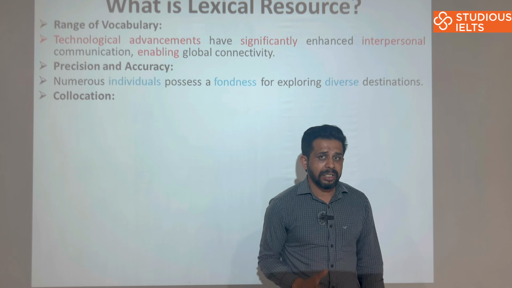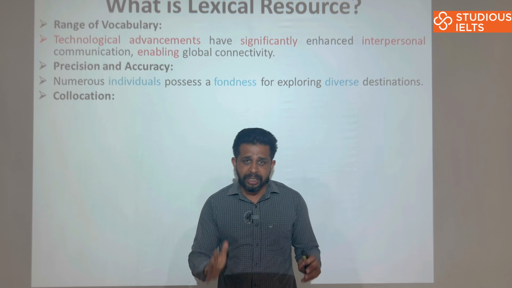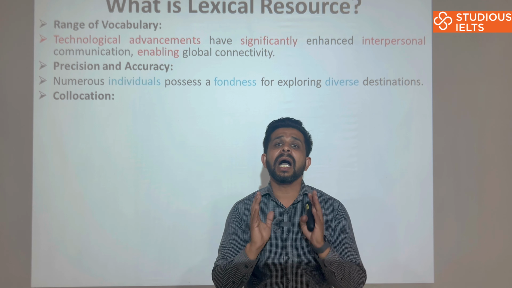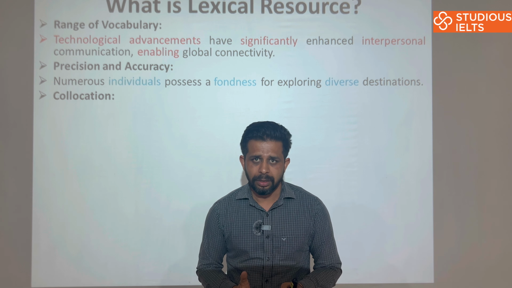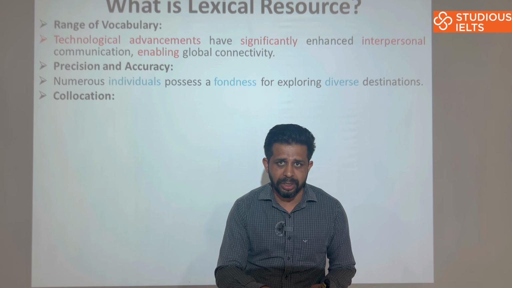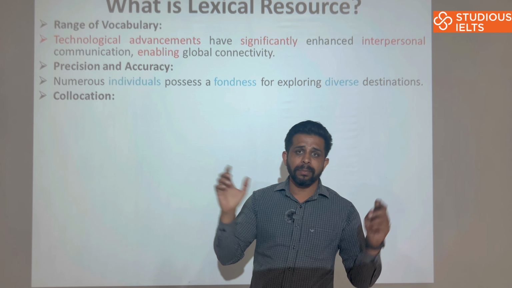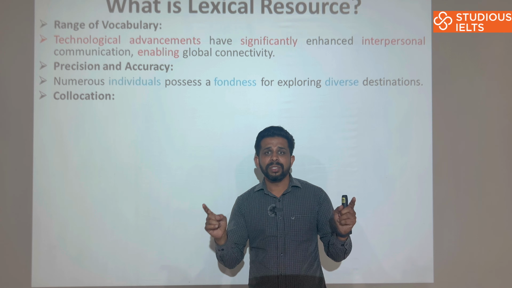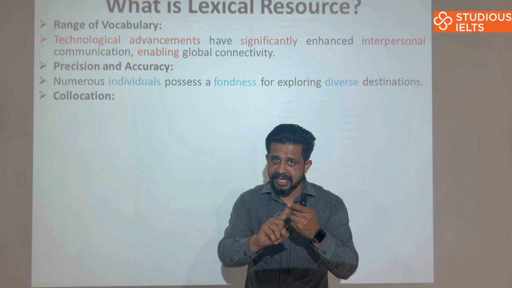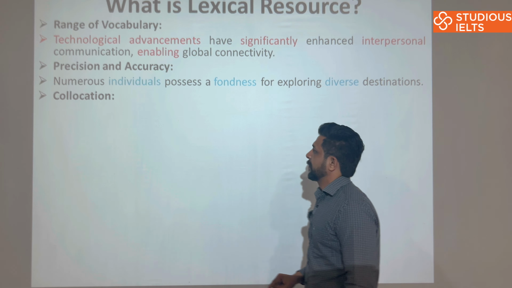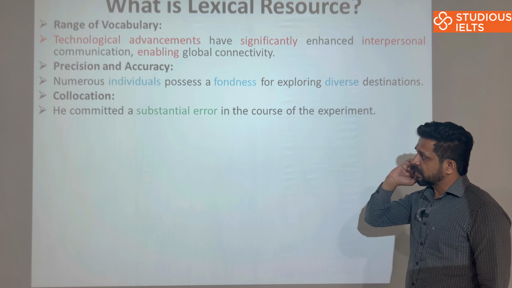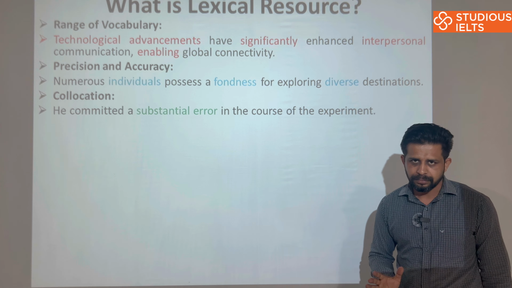Collocations. What collocations means, let me tell you that. Collocations are those combinations of words which usually occur together, right? So if you have a hold on some collocations, if you can remember some combinations of words which are mostly occurring together, you can enhance your scores in your IELTS writing. For example, in this sentence, he committed a substantial error.